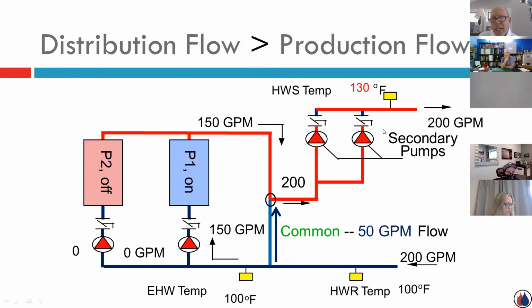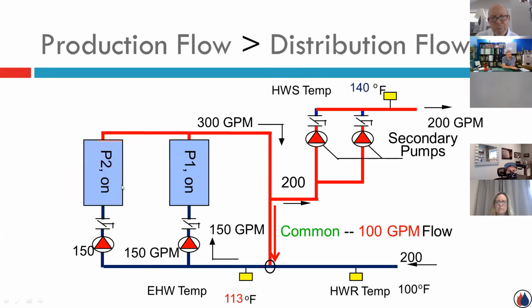If something changed and all of a sudden I'm increasing my flow on the secondary, and so I have a little bit of over pumping, I bypass. What am I doing to the temperature coming out of the boiler plant? I'm blending it down. So I'm looking for 140, I only have 130. So what do I need to do as a boiler plant? I need to kick on that second boiler because the outdoor reset schedule says, hey, I need 140 at these set of conditions.